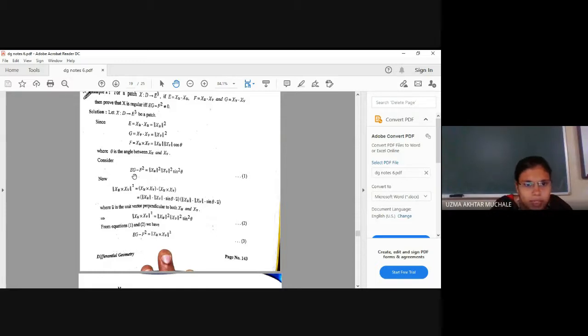Okay, so now let us find out what is EG minus F square. So this is EG minus F square. This value is norm square of Xu, norm square of Xv, sine square theta. Now what is this Xu cross Xv? Norm square of Xu cross Xv is nothing but the dot product of these two. Now if I want to evaluate the dot product, first you have to evaluate this cross product.